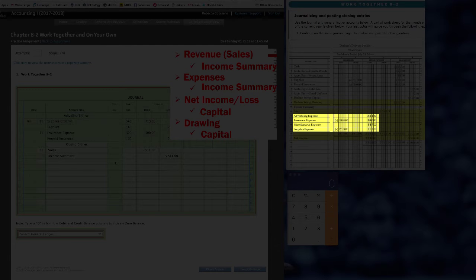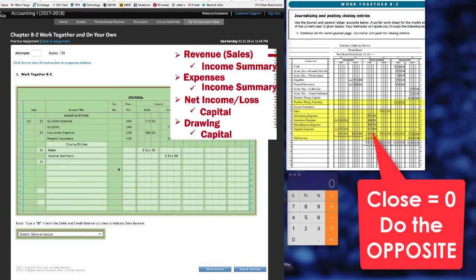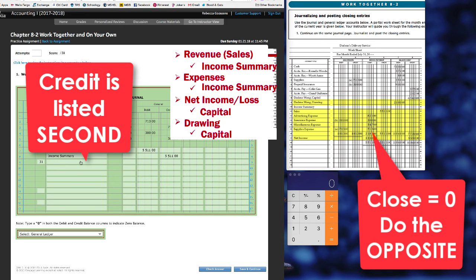The next accounts we have are all of our expenses. So again, we'll put our date down of the 31st. All of our expenses are listed as debits, so to close them, we're doing the opposite, which would mean they'd be credits. Credit accounts are listed second in the journal, so I'm going to skip this first line, and then list my expenses.